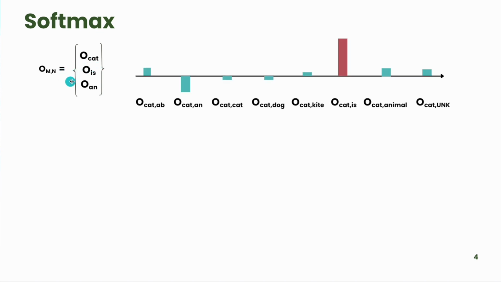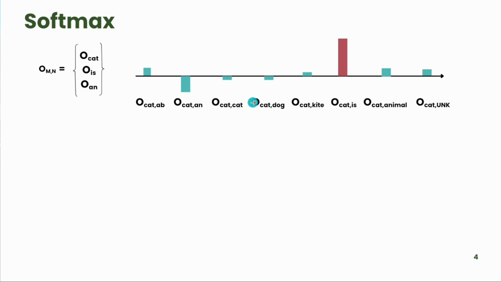Now, if you were to plot the different components of the vector O_cat, this is the first entry in this vector, which is how the word cat interacts with the first word in the vocabulary, which was "ab". Then the second entry corresponds to the interaction between the word cat and the second word in the vocabulary, which was "an", and so on.